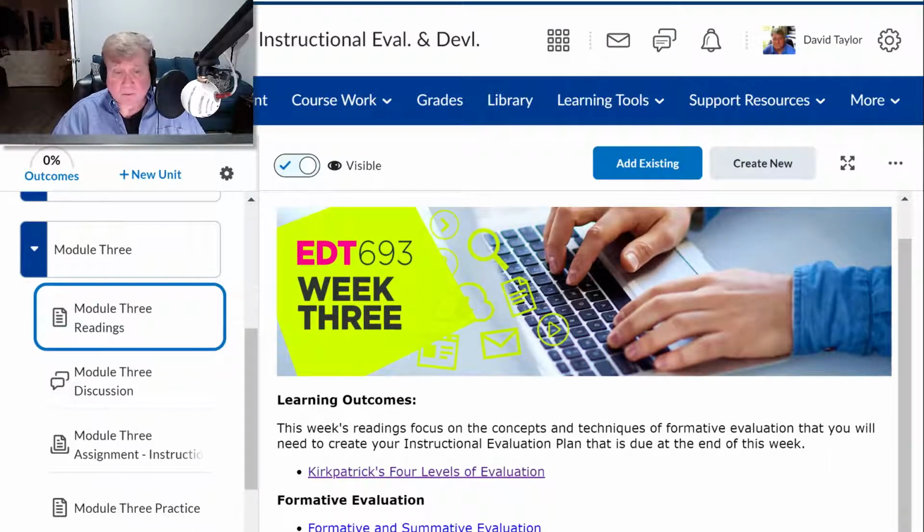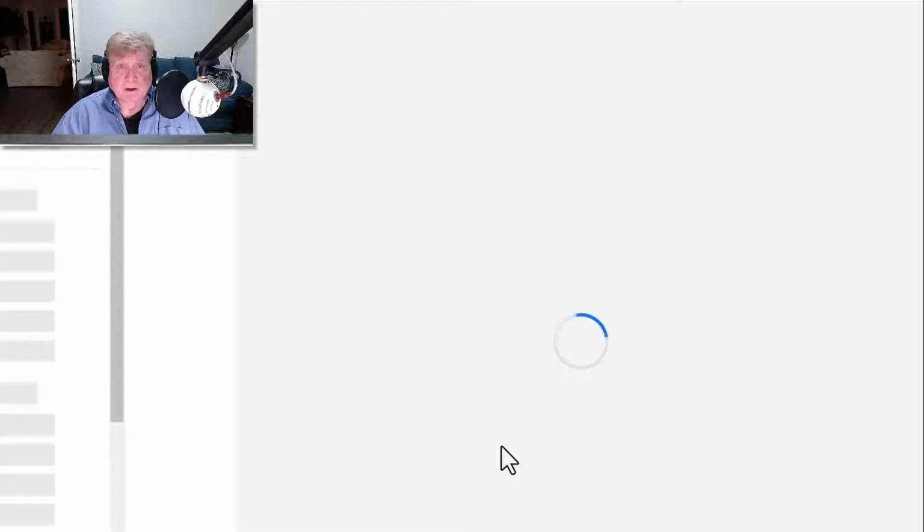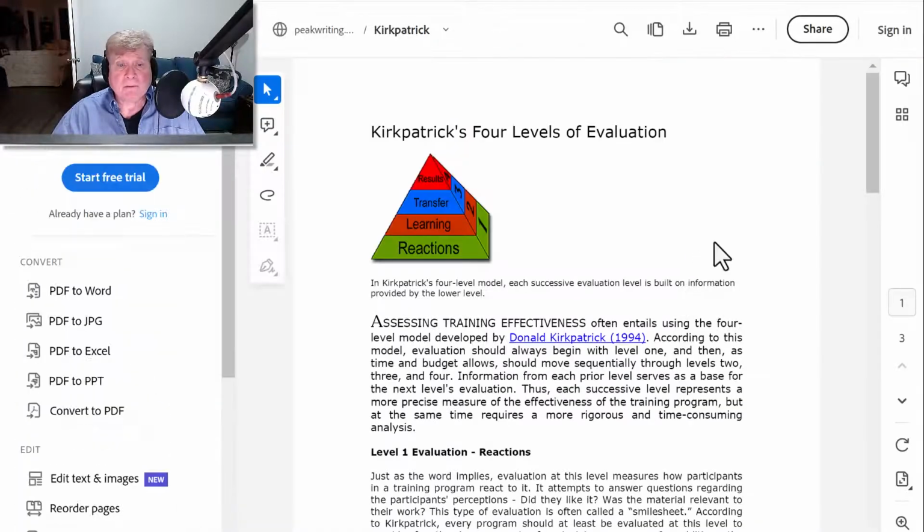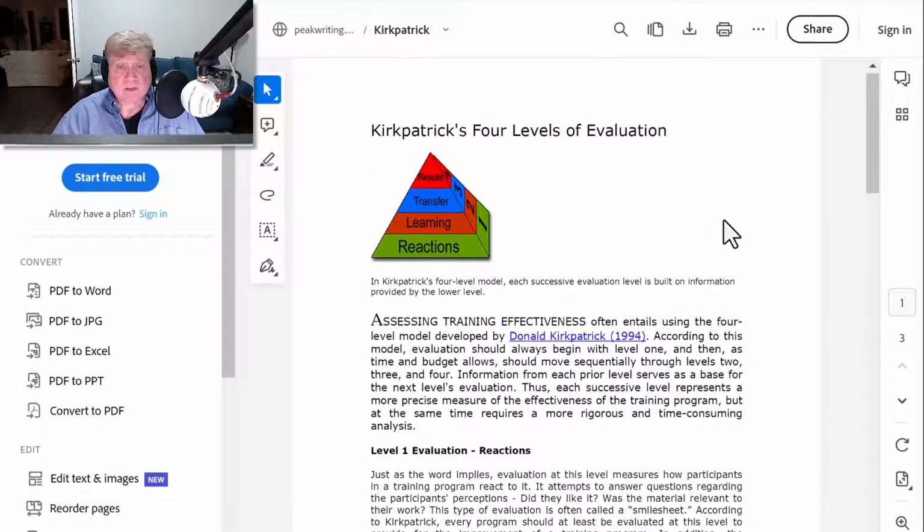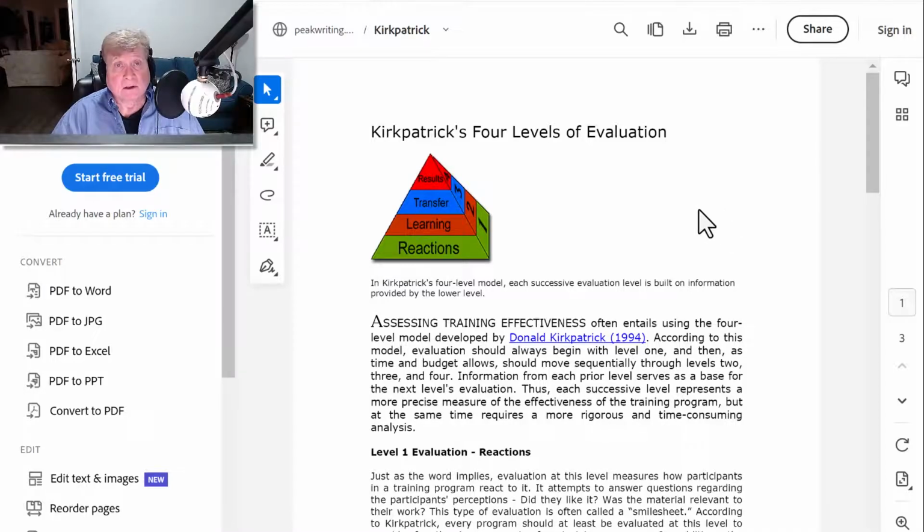You have a very important reading, and that is Kirkpatrick's 4 levels of evaluation. Now, I don't want you to worry about all 4 levels of evaluation. In this class, we're going to be concerned only with the bottom 2 levels, reactions and learning.